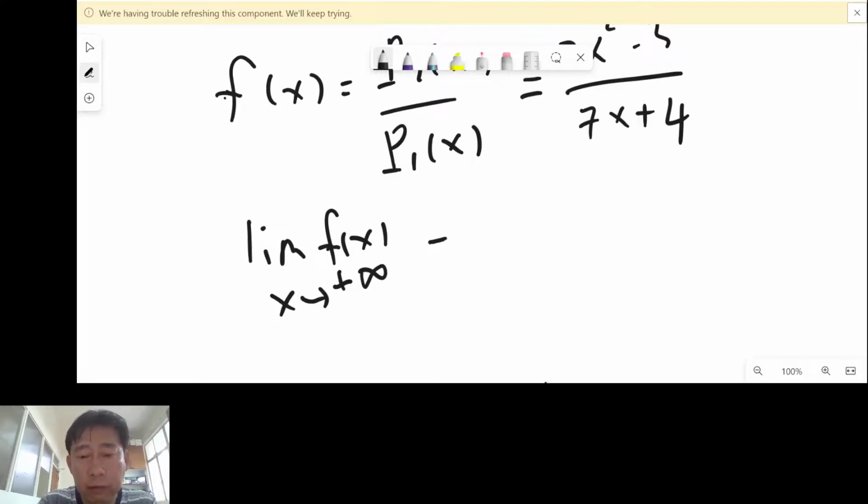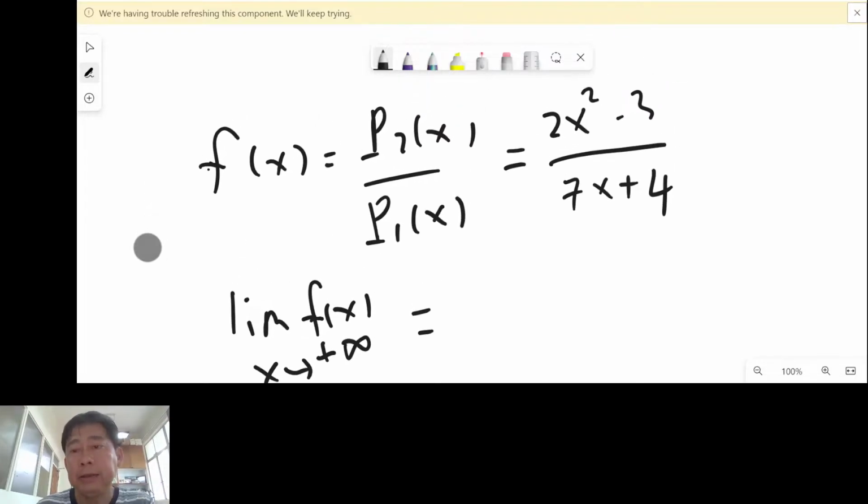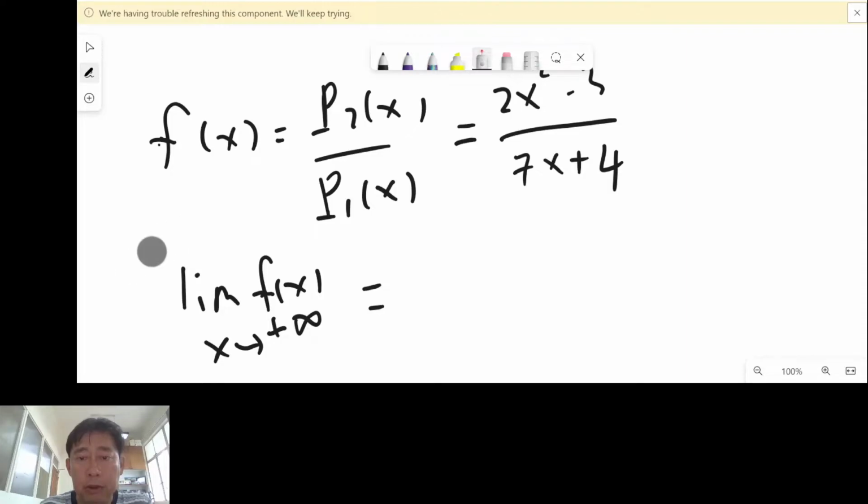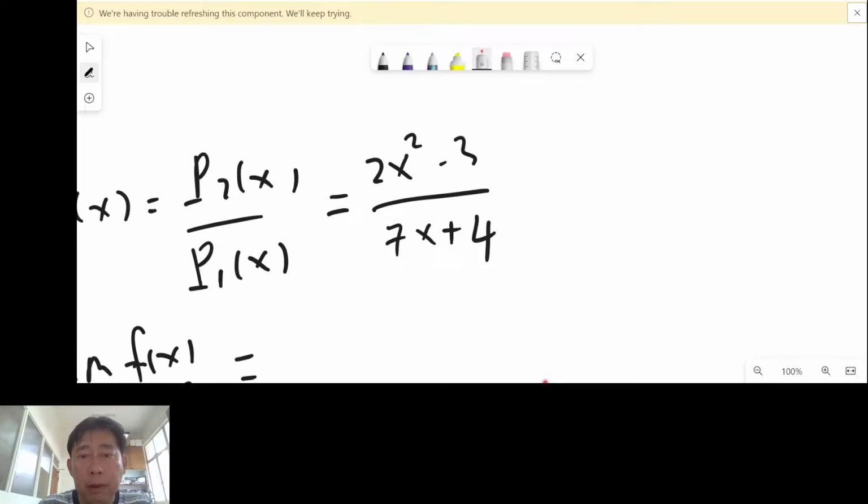The first thing you want to do is to cast the rational function into the form of a linear function plus a residual function. What I mean by that is this: you perform long division.